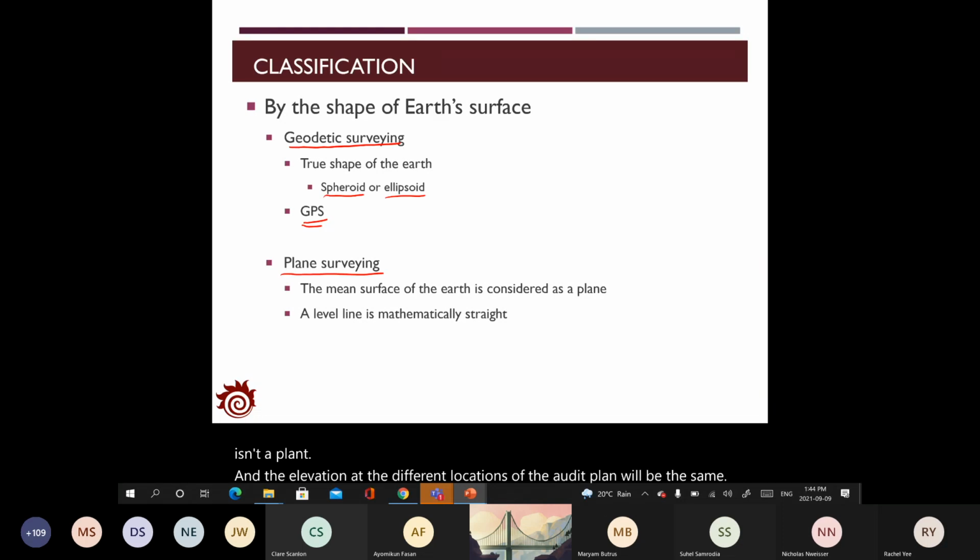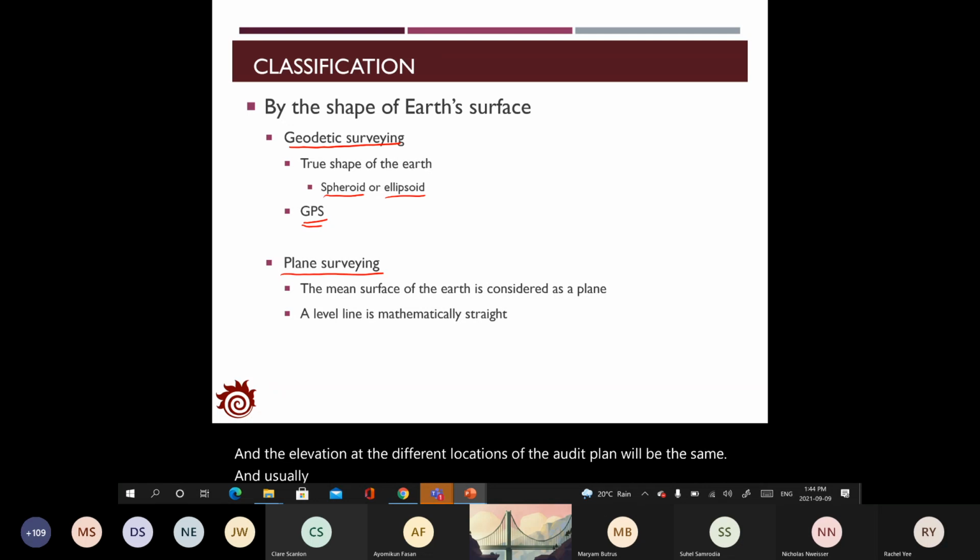Usually the elevation of the plane will be defined as the mean elevation in that area. And if we consider any two points in the plane and then draw a line to cross these two points, this line will be a straight line, it's not an arc. So that's the difference between the geodetic survey and the plane survey.